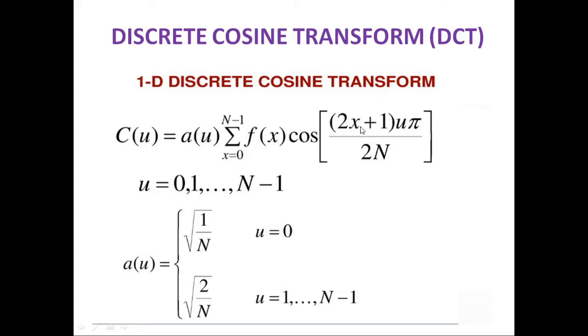So it is a function of x and u. We are evaluating C of u for u equal to 0 to N minus 1 for all the points in the signal from x equal to 0 to N minus 1. So this signal f of x is transformed into the coefficients.